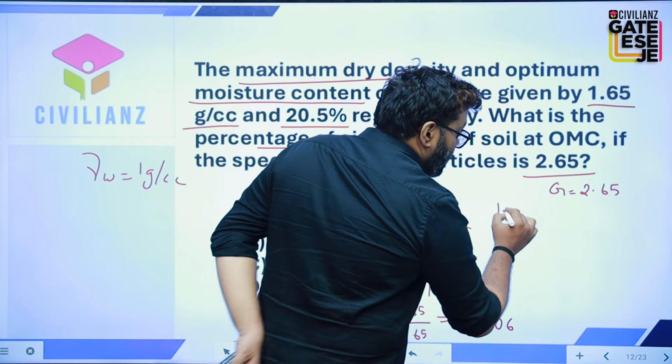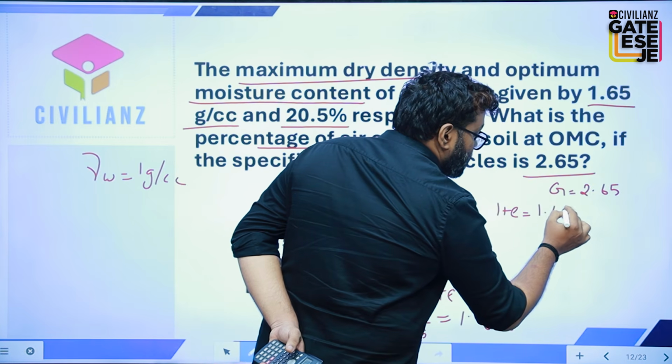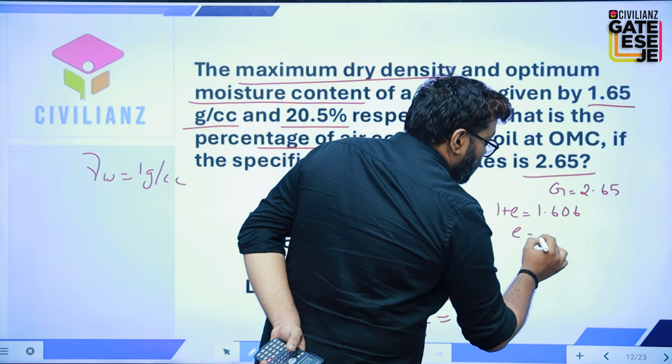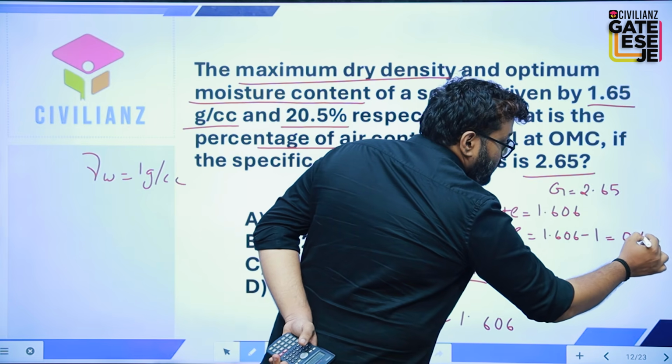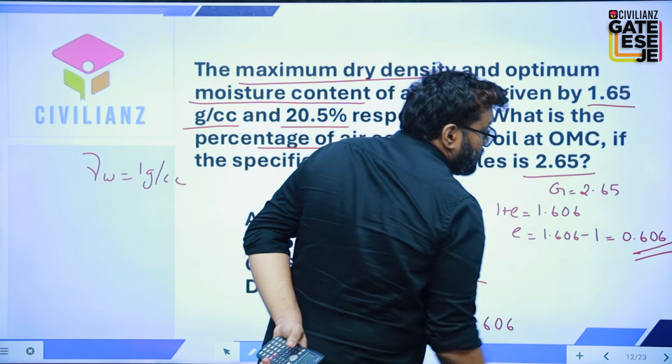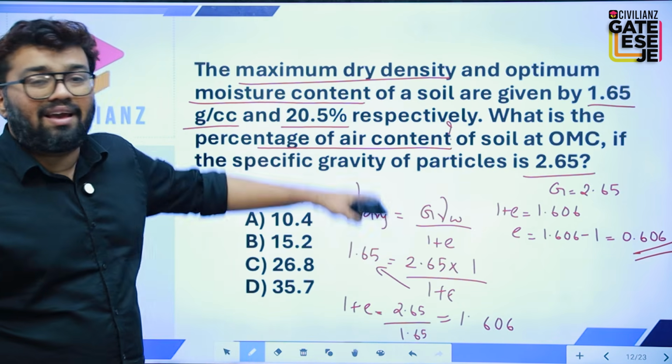So 1 plus e is equal to 1.606. e is equal to 1.606 minus 1, which is 0.606.